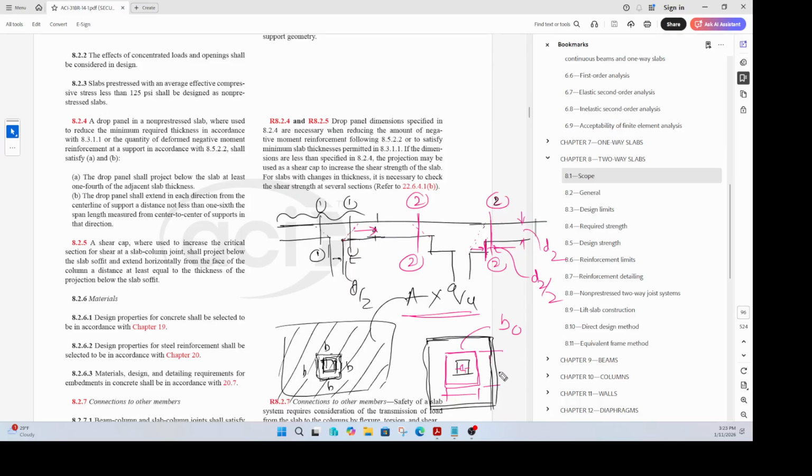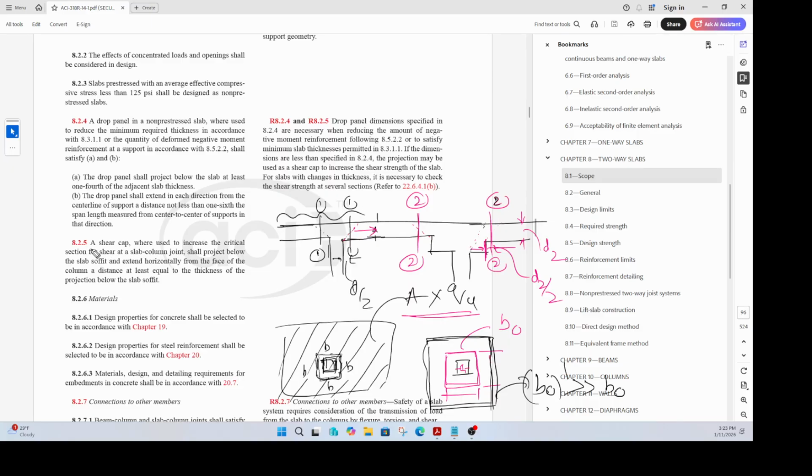So let's say the perimeter of this one is b naught dash. The b naught dash is much greater than your b naught. Right? So you improve the shear strength by just adding a local shear cap. Okay, so that's what shear cap is about.